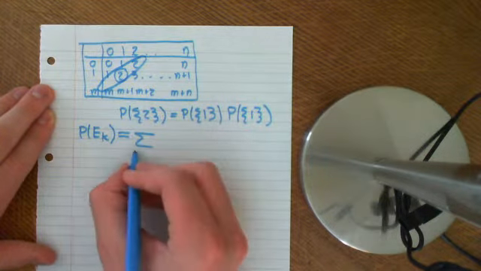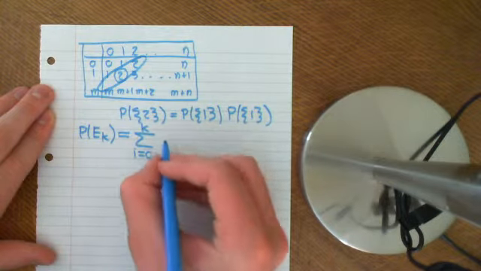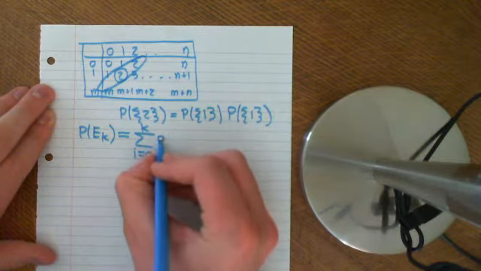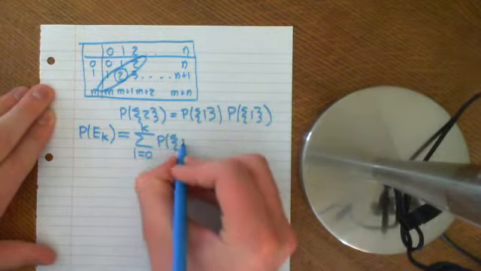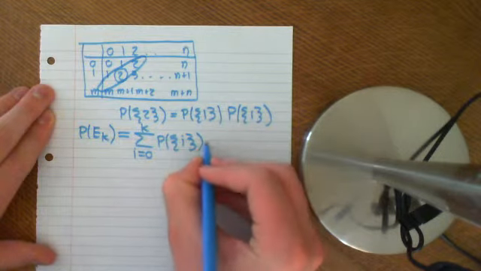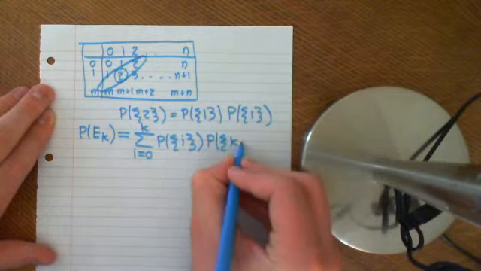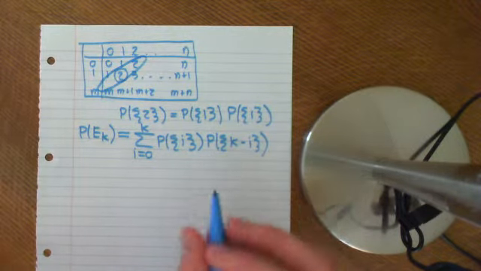So we could let i vary from 0 to k, and then it'll be the probability of getting i in one of them, and then the probability of getting k minus i in the other one. Those are the ways you can do it.